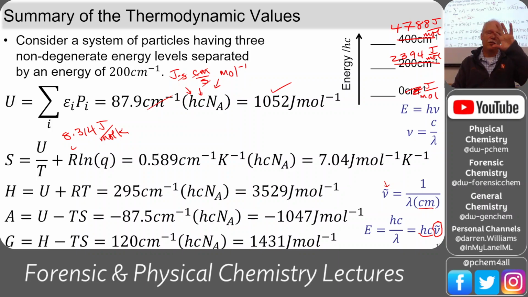Okay, so you can write these problems in many different ways, and you can do them in many different ways. I just felt that it was easier if the problem was given in wave numbers to leave my constants like Boltzmann constant in wave numbers, the 0.695 wave numbers per Kelvin, and do them that way.